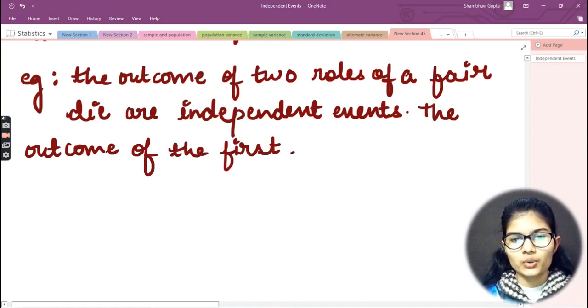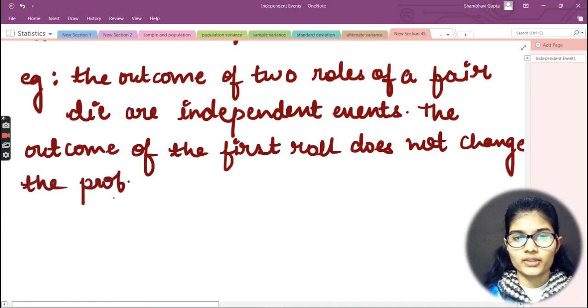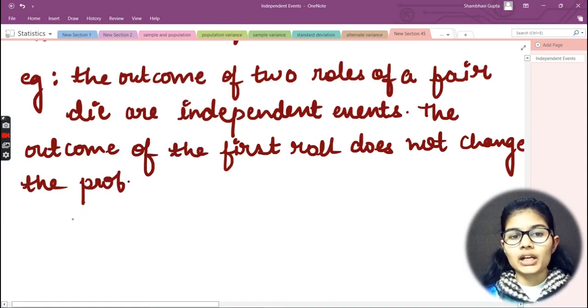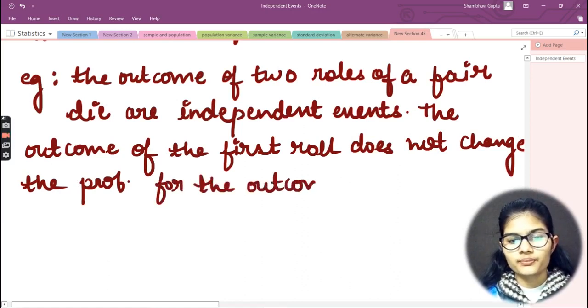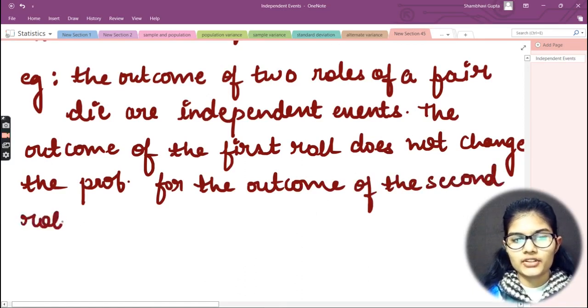So the outcome of the first roll does not change the probability for the outcome of the second roll. I am simply writing this, referring to probability only. Make sure to remember that.